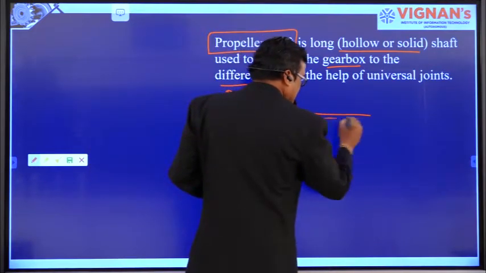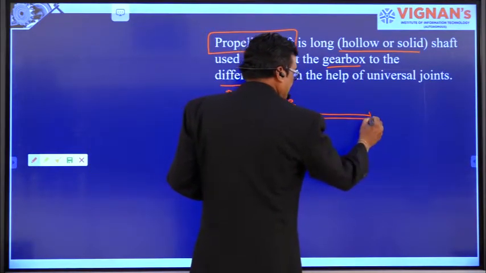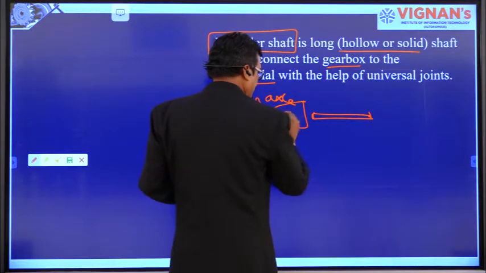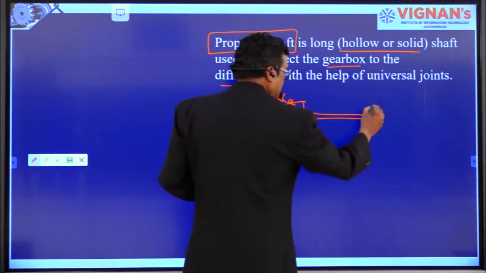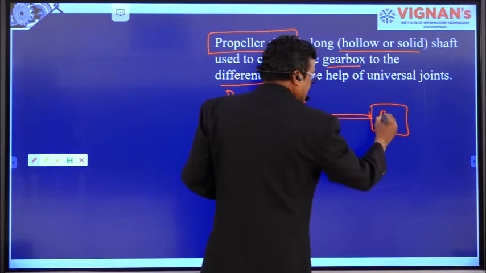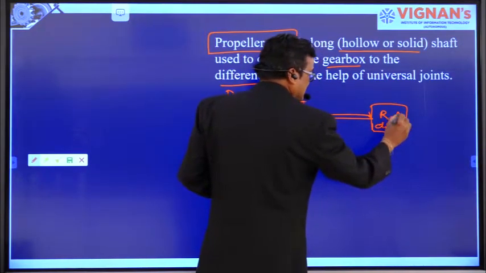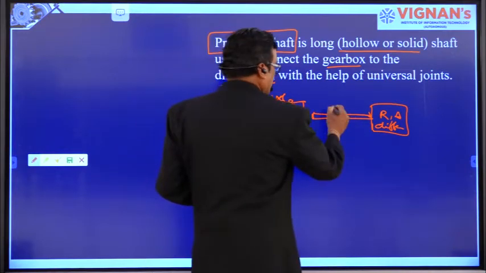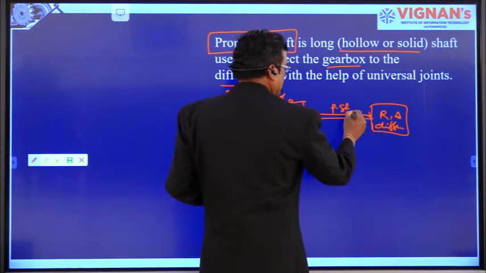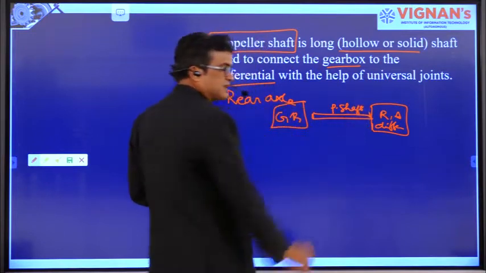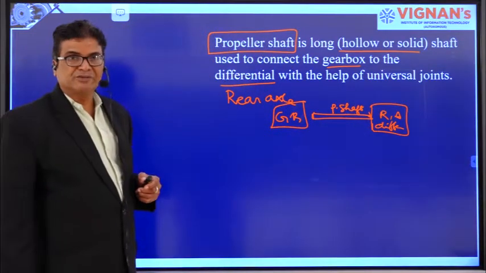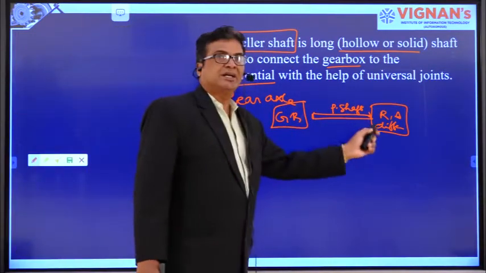The propeller shaft is connected between the gearbox and the rear axle or differential. That is the location of the propeller shaft. Once again, where is the propeller shaft fixed? The propeller shaft is fitted between the gearbox and rear axle.